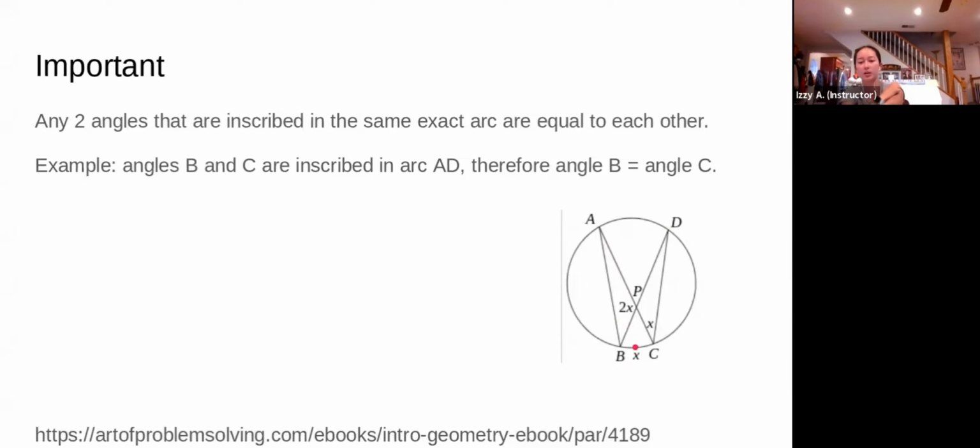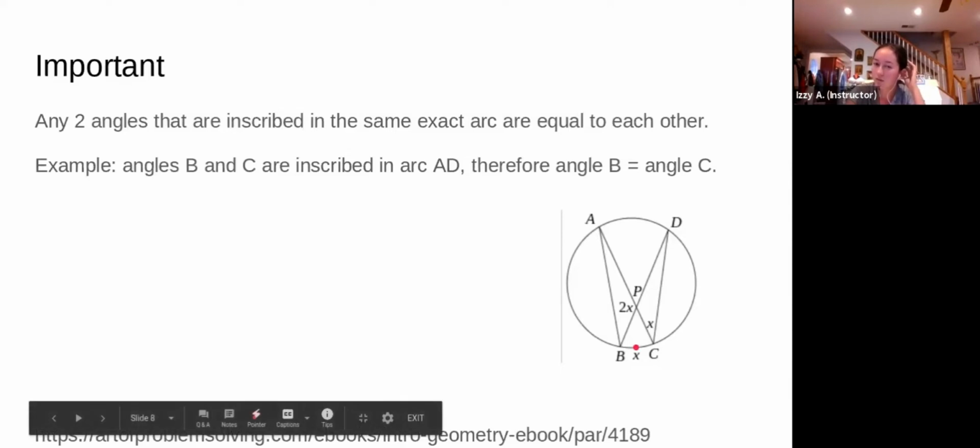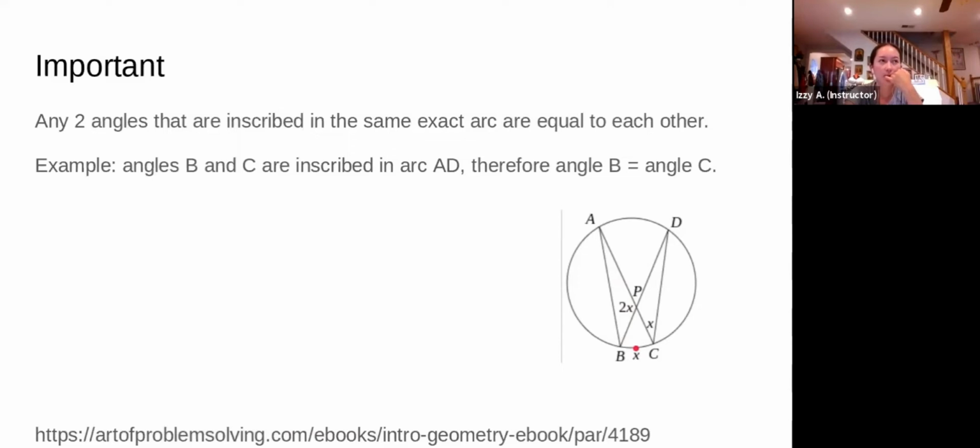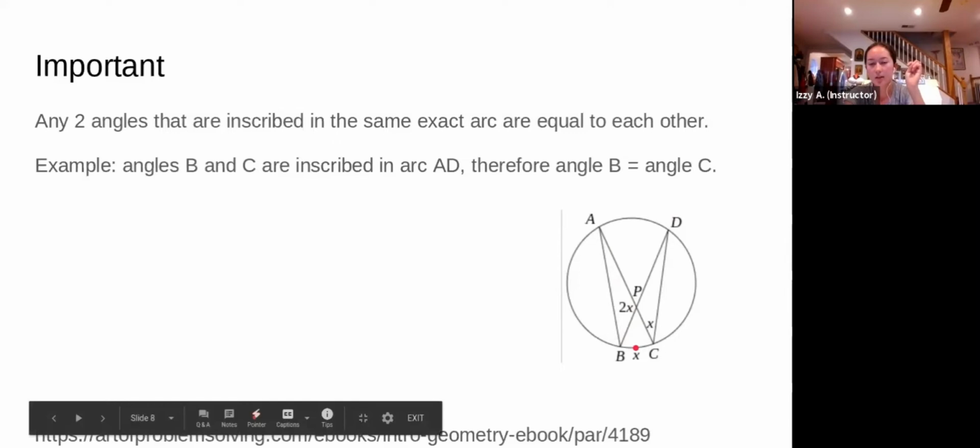That would be an isosceles triangle that would be different from triangles APB and DPC. So I think it depends. The angle measurement would be the same, but that doesn't necessarily mean the triangles would be the same.